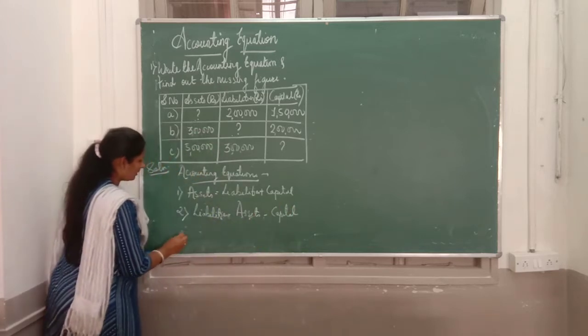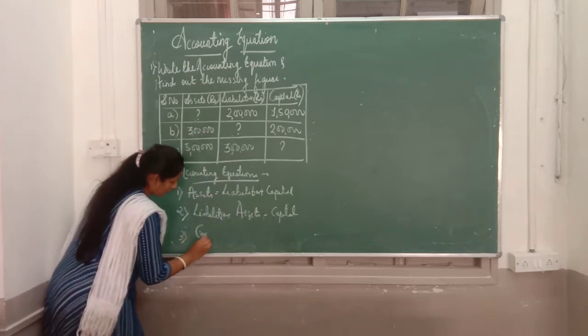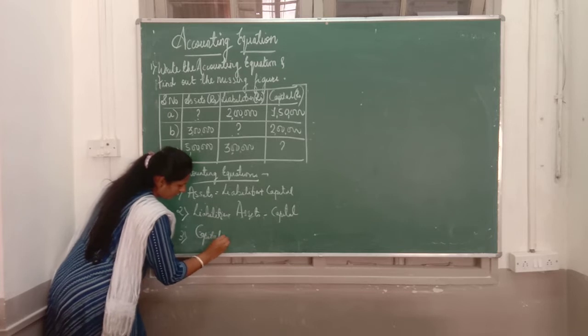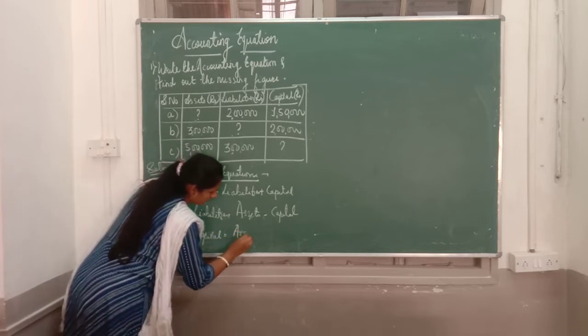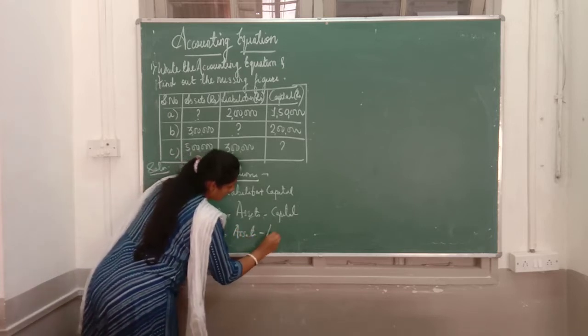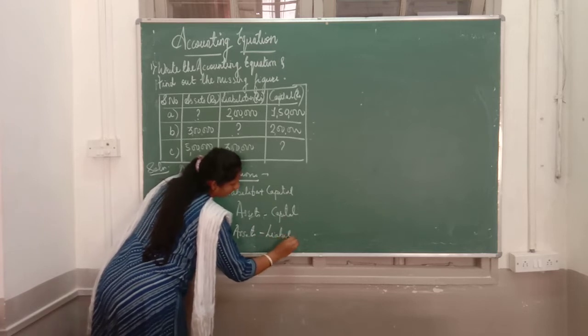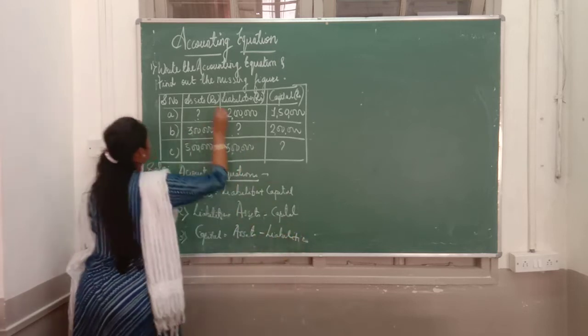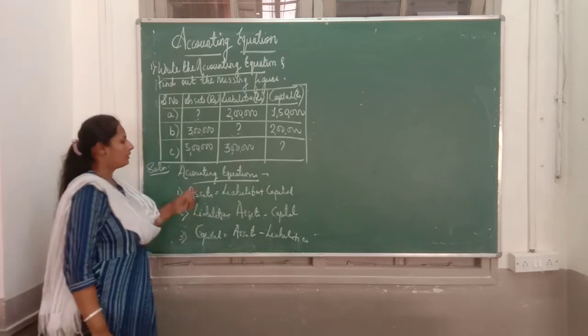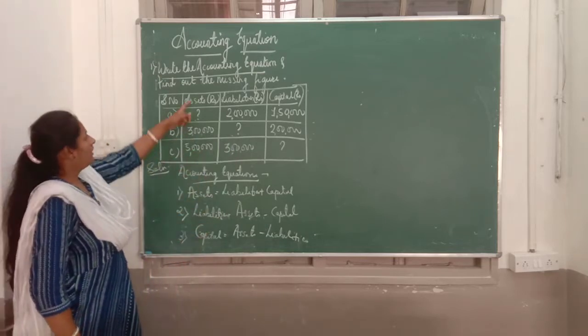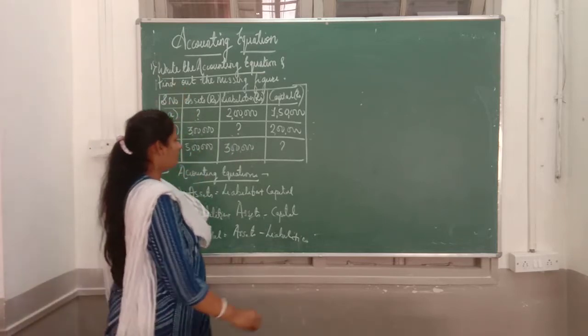And the third equation, capital is equal to assets minus liabilities. This one I have done: I have written down the accounting equations. Next, find out the missing figure. One by one we'll solve.